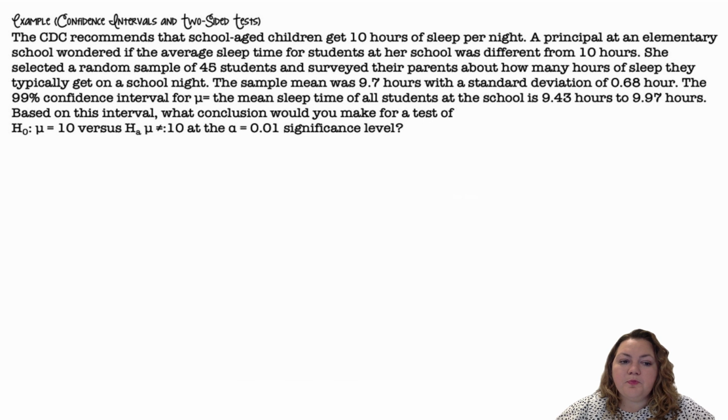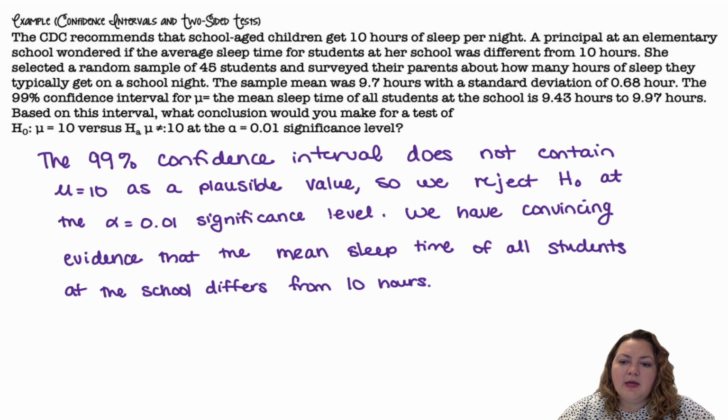So we did a 99% confidence interval, so I have that 0.01 alpha that matches. It's a two-sided test. So I'm looking at my interval to see if my null value, 10, falls in the interval, which it does not because my interval is 9.43 to 9.97.